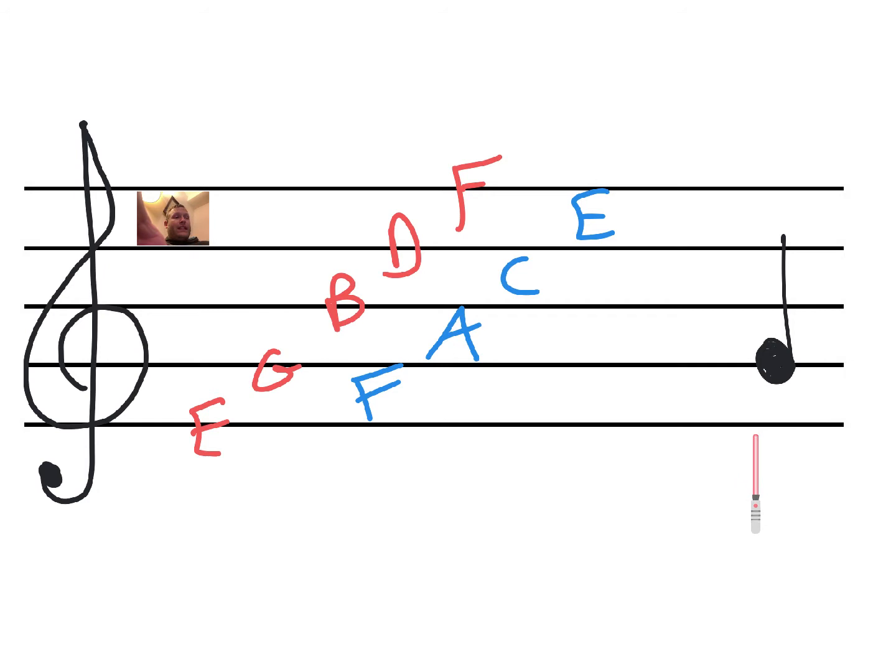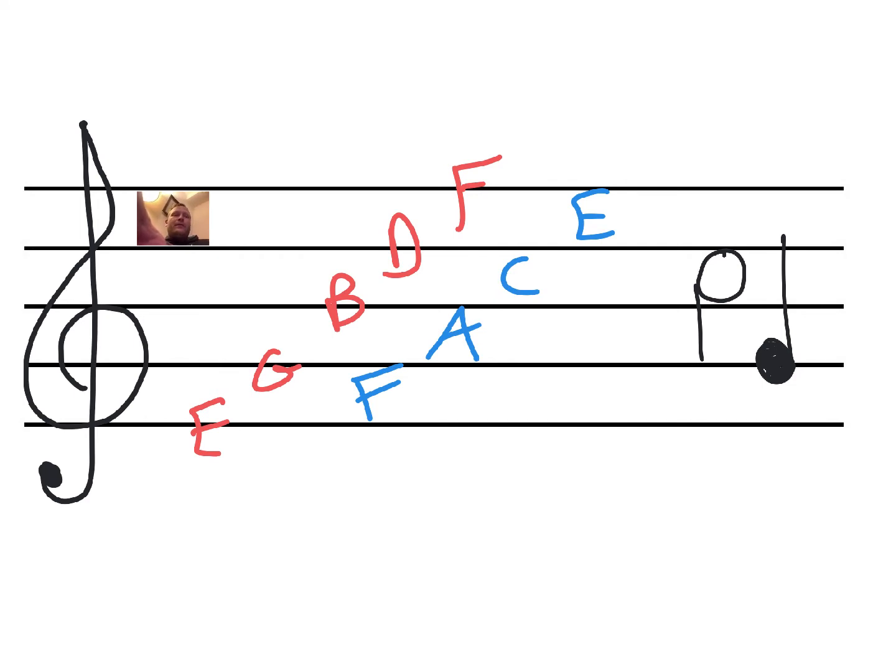E, G, B, D, F. E, G, right? And that makes a lot of sense, right? What about space? Any spaces out there? Oh, third space? Okay, I can do that. Let's say that I drew a half note this time. Half note on the third space. And then I just have to note that, well, third space, F-A-C, it's a C, right?